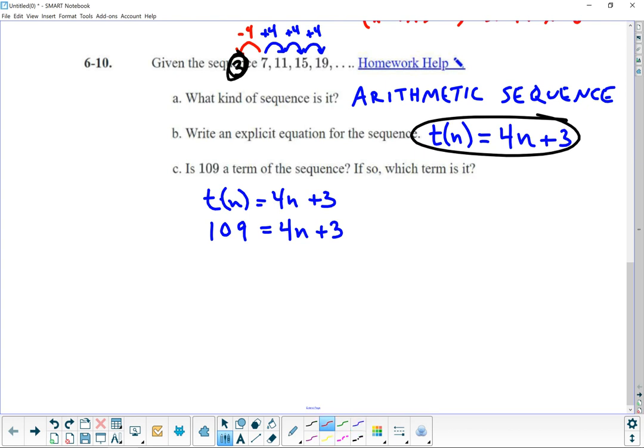That's adding 3, so you're going to subtract 3. So cancel that out, and you will have 4n on the right hand side. And 109 minus 3 is going to give you 106. And now the moment of truth, you're going to figure out if you can divide 4 into it.